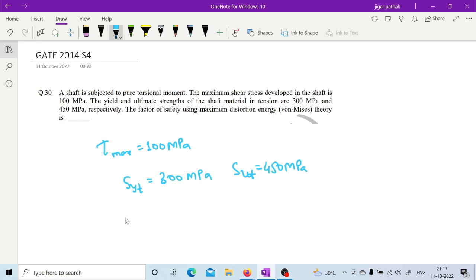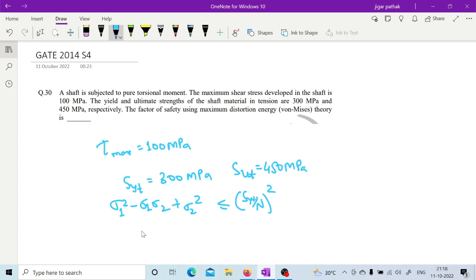Root 3, sir. Okay, anyone else? Here actually you can go for this: sigma 1 square minus sigma 1 sigma 2 plus sigma 2 square is less than or equal to sigma yt by n square, right?